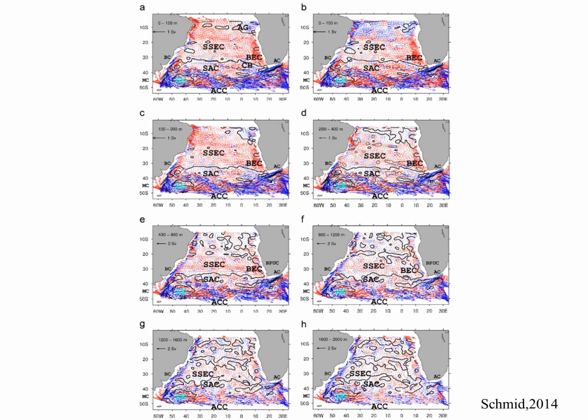And then, this one is 0 to 100 meters, and then without Ekman and with Ekman. And then this is 100 to 200, 200 to 400, 400 to 800, 800 to 1200, 1200 to 1600, and 1600 to 2000. In this presentation, I'm going to focus primarily on the upper 800 meters.